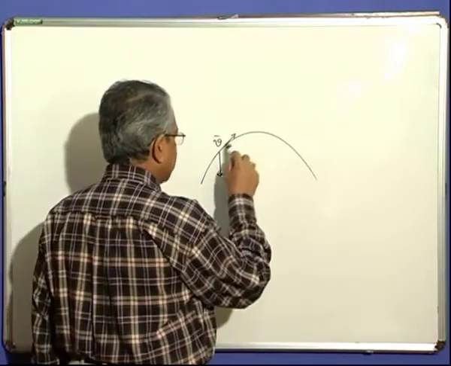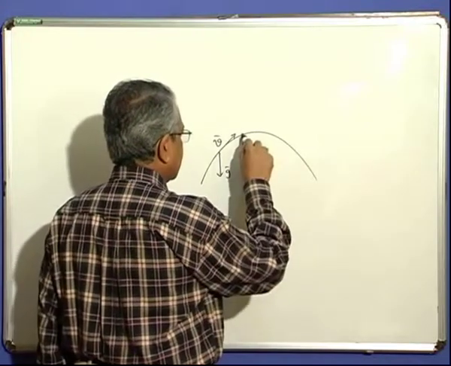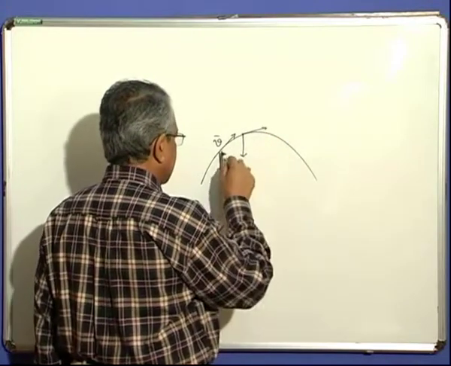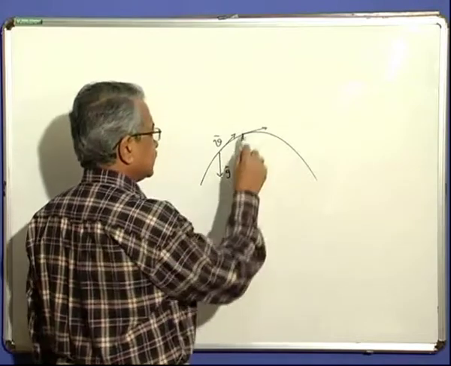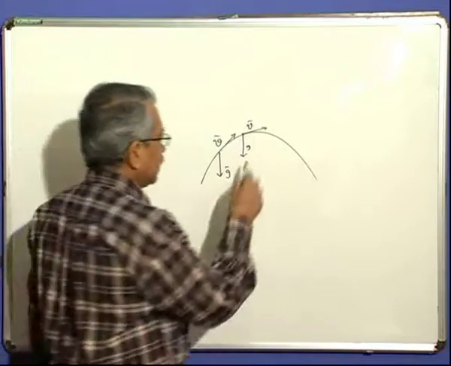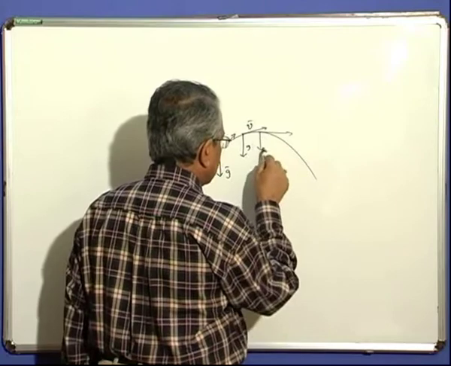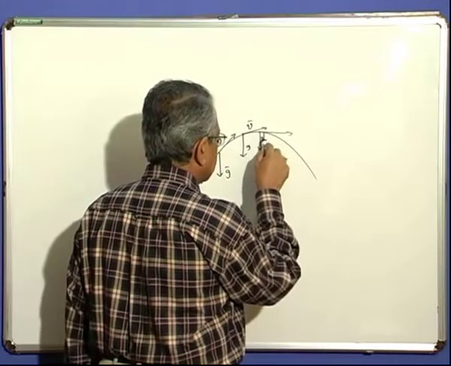When it comes to this point, acceleration is still like this, and the obtuse angle is reduced. When it comes to the topmost point, velocity is horizontal, acceleration is vertical, and this is 90 degrees.